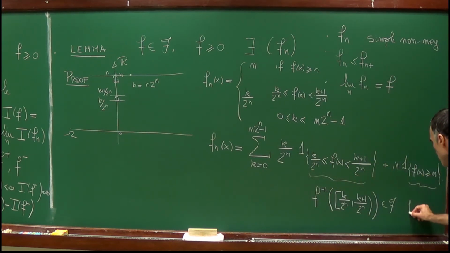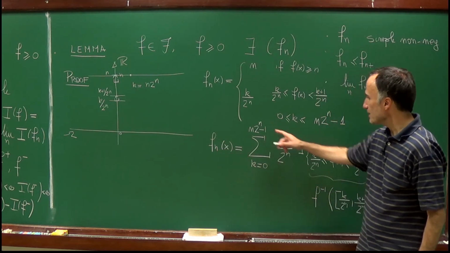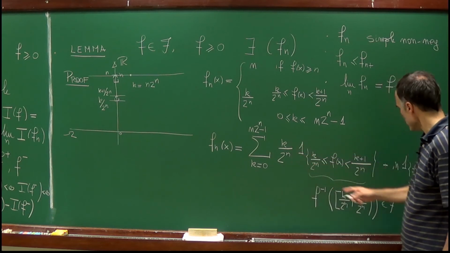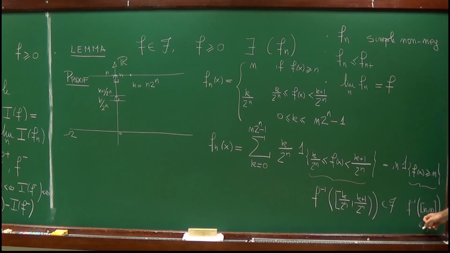This set is the inverse image of the interval n to infinity, which also belongs to F because the function f is measurable, and therefore we have just represented fn as a finite sum of non-negative constants multiplying the indicator of measurable sets.